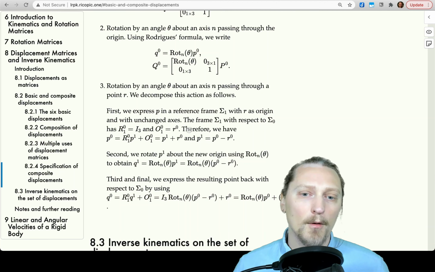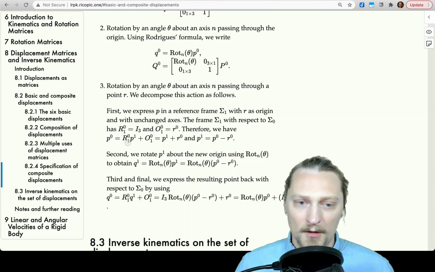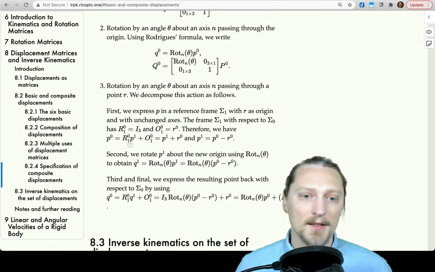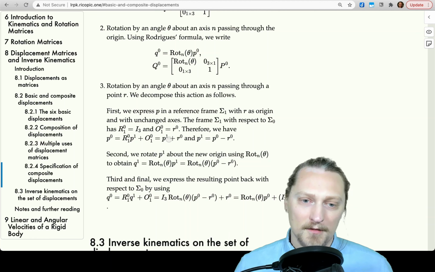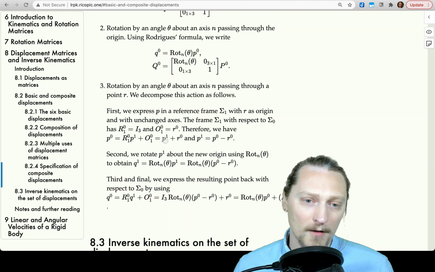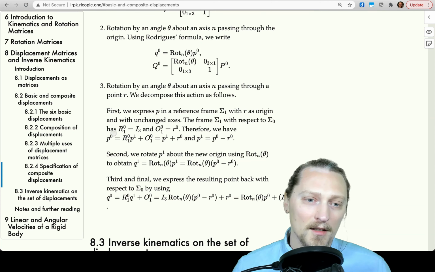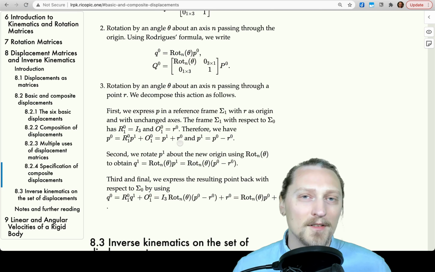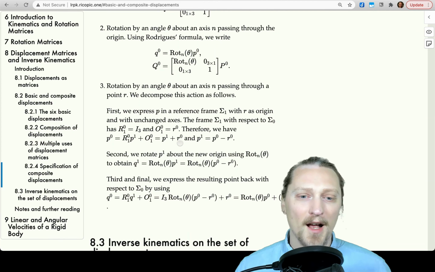Therefore, we have P0 equals the rotation, which we said was the identity, plus the origin translation, equals P1 plus R0. So P1 got operated on by the identity matrix, so it didn't change at all. We can say that P1 is equal to P0 minus R0, just taking the leftmost and rightmost equalities and rearranging by subtracting R0 from both sides.